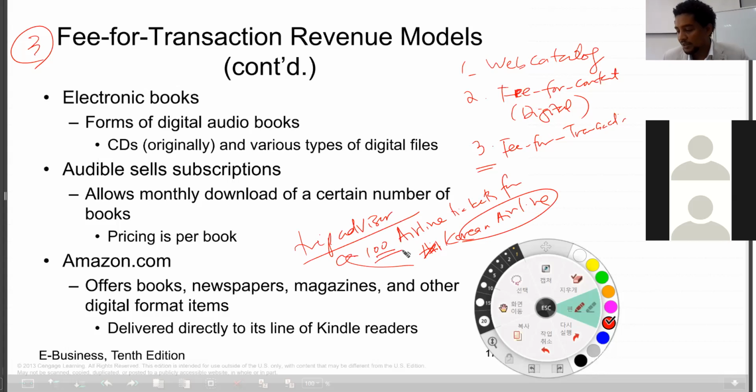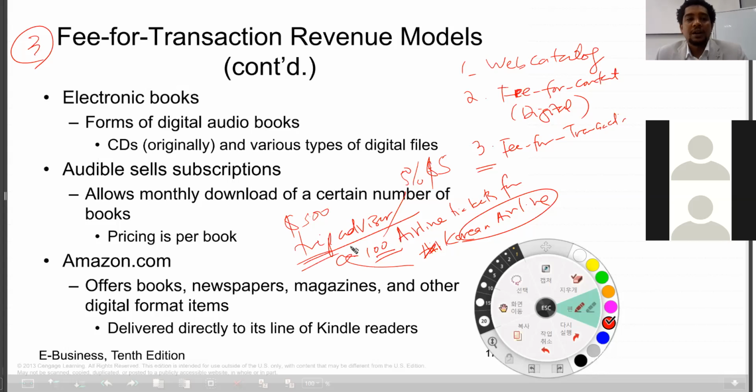Because you calculate for one airline ticket, for example, the commission could be 5%. So the commission is $5, right? So $5 times 100 tickets, so $500 will be paid to TripAdvisor, right?